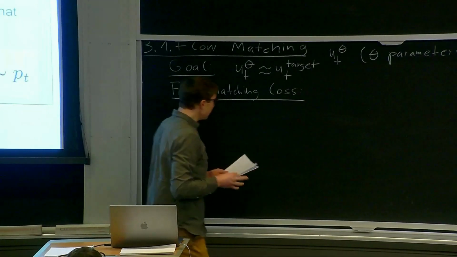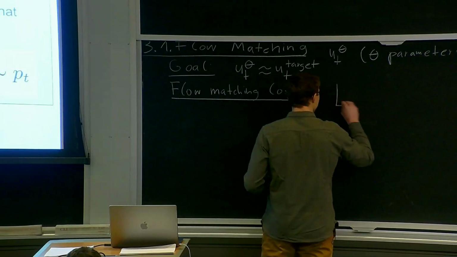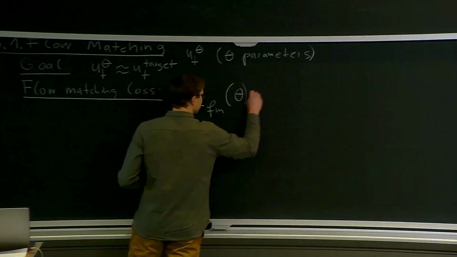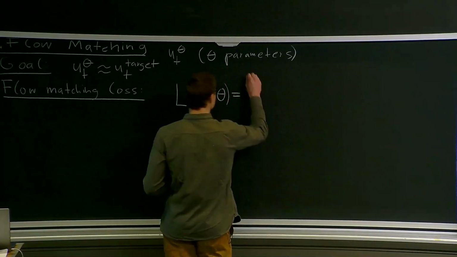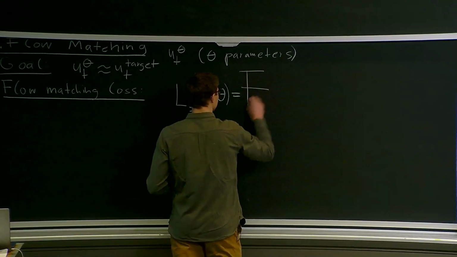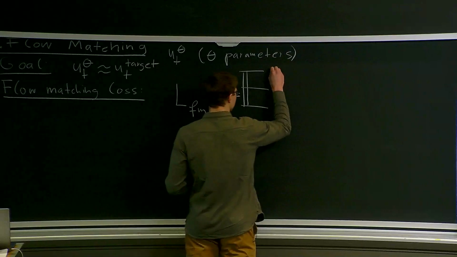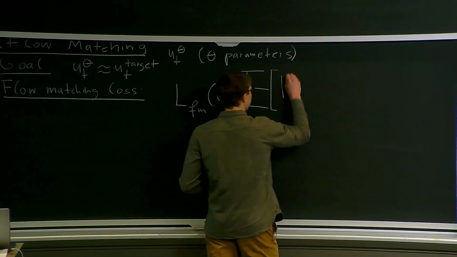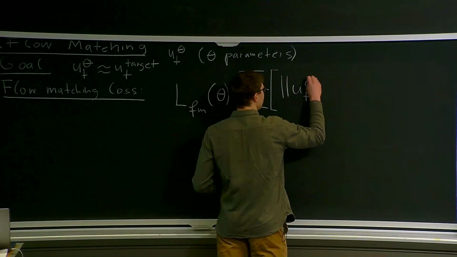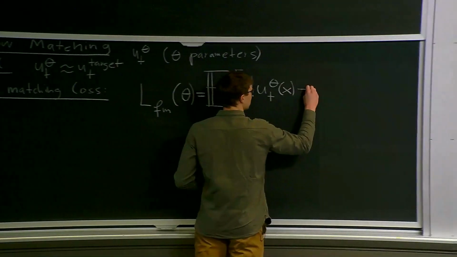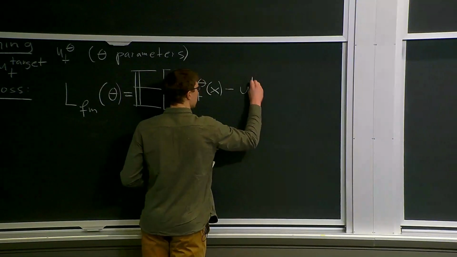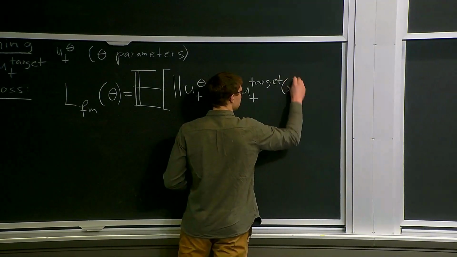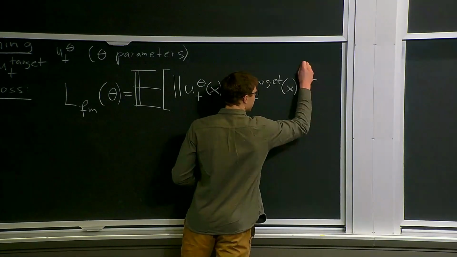So how does it look? Very intuitively, we take a mean square error between these two objects. We're taking u_t^theta at a point x, and we're regressing it against the target, which is the marginal vector field.